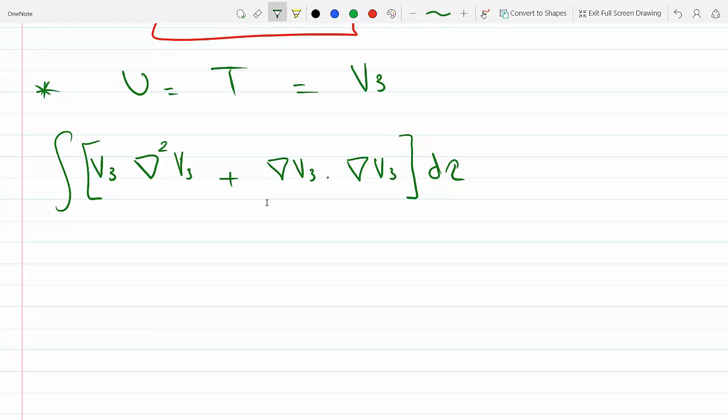And this is a volume integral, so this is technically a triple integral.